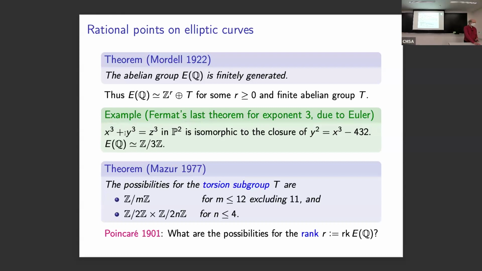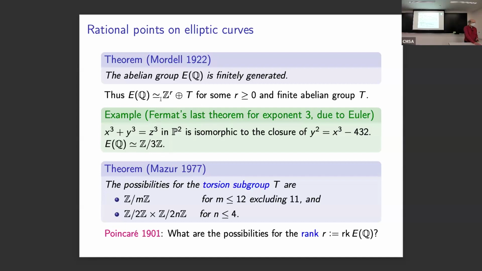So there are 3 such points in projective space satisfying this equation, and so the set of rational points has 3 elements, and if you know it's a group with 3 elements, you know what the group is. So in this case, the rank is 0, and the torsion subgroup, which is this T, is Z mod 3Z.